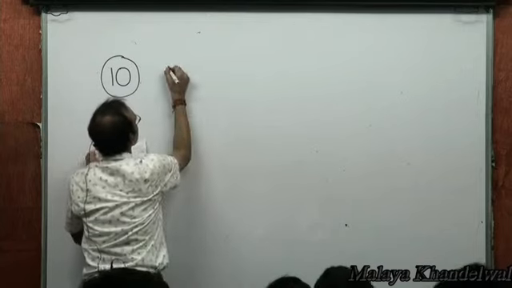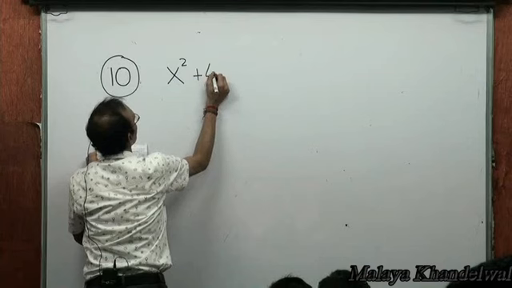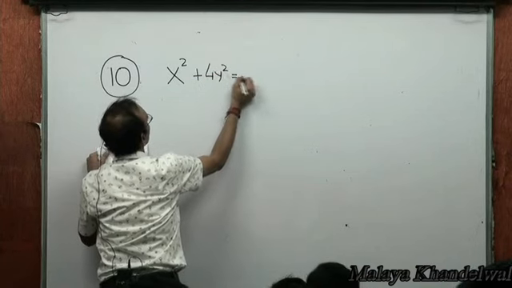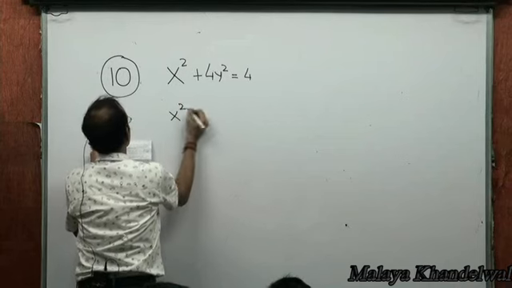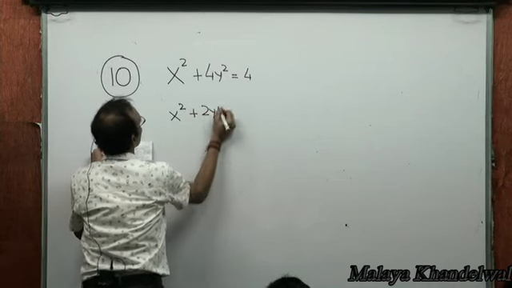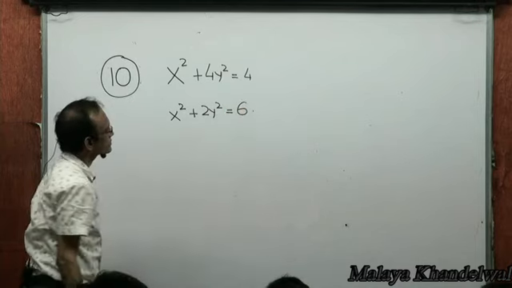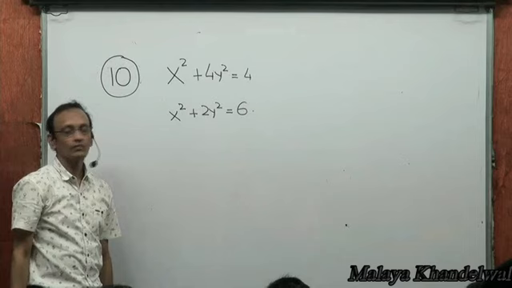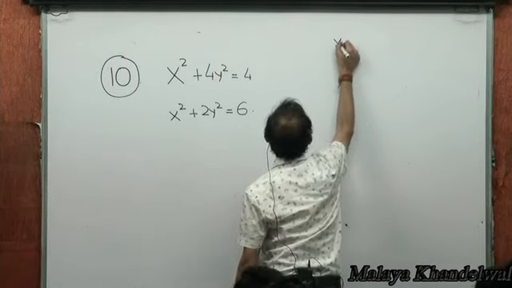There are two ellipses. One is x square plus 4y squared equal to 4. The other one is x squared plus 2y squared equal to 6. These are two ellipses. Let me first rewrite them in standard form.